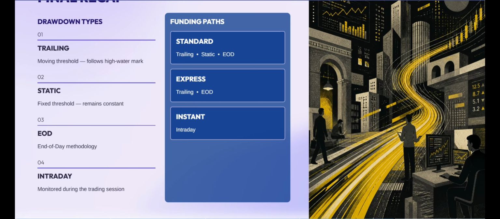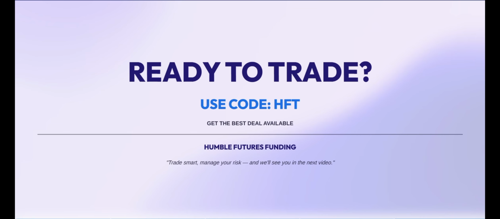Express offers trailing and EOD. And Instant uses intraday drawdown. Now you know the key differences between each structure. And that's your complete breakdown of drawdown types at Humble Futures Funding. Hopefully this video helped you understand the difference between trailing, static, EOD, and intraday drawdown, and gave you a better idea of what to look for when choosing a funded trading account.